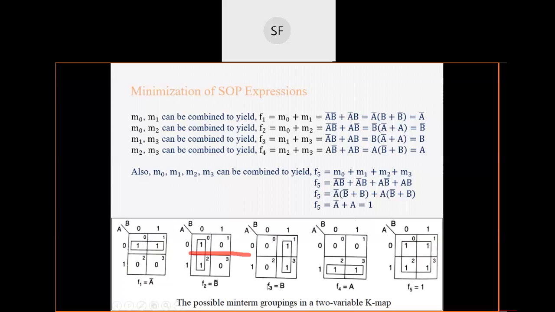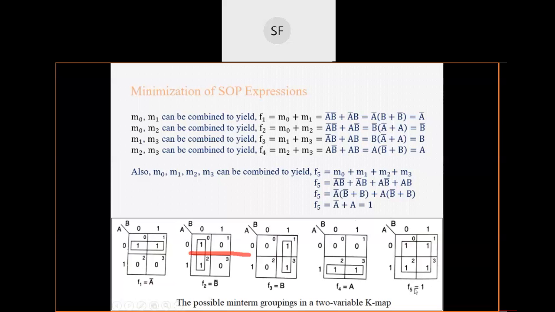Similarly, f3 can be read as b. Why? Because the value of b is remaining constant as 1, whereas a is varying. That's why a will be cancelled, and this combined can be read as b.